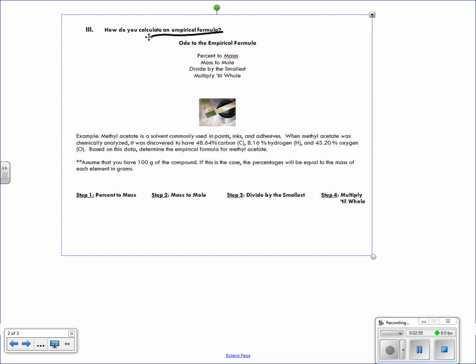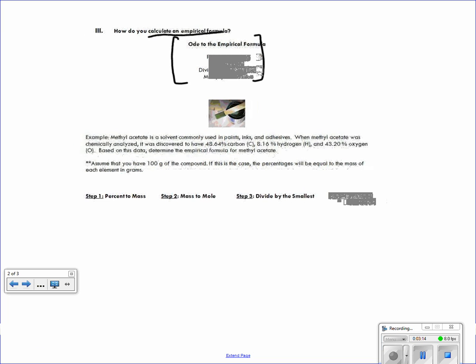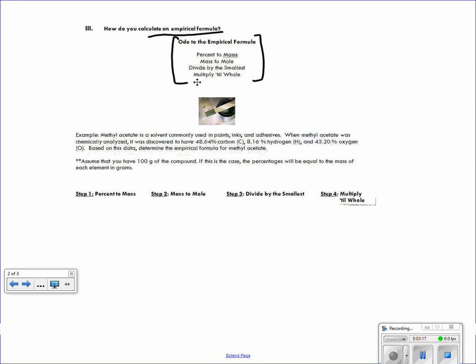And there's a fabulous little rhyme that we have here, the Ode to the Empirical Formula, that teaches you how to do that. The ode looks like this: percent to mass, accidentally spelled with 3 S's, just ignore those. Mass to mole, divide by smallest, and multiply till whole. This is a fun little rhyme to help you convert from percent composition values into an actual empirical formula.